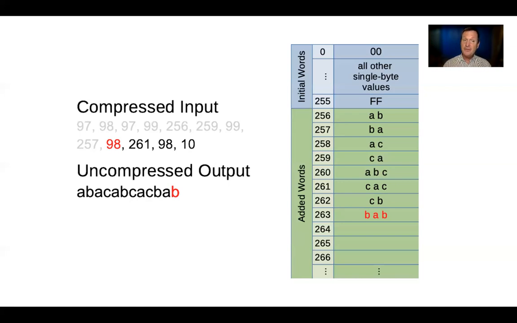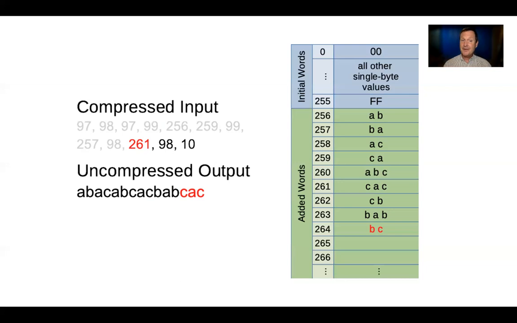The next code, 261, gives us 3 characters. We add that to what's going to be our uncompressed output, and we go ahead and put the previous word, just this B, plus the next character C to our dictionary. That should be what the compressor did. That should be what it added as its next dictionary word.